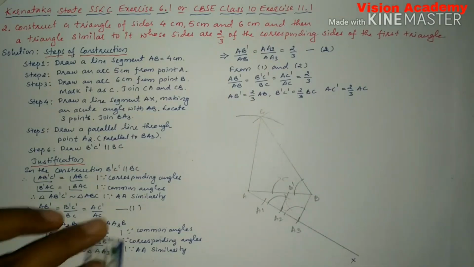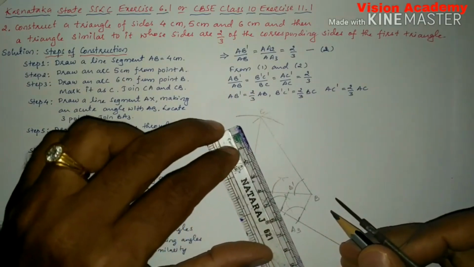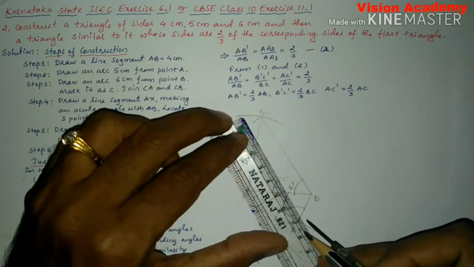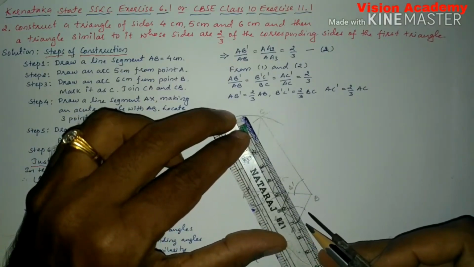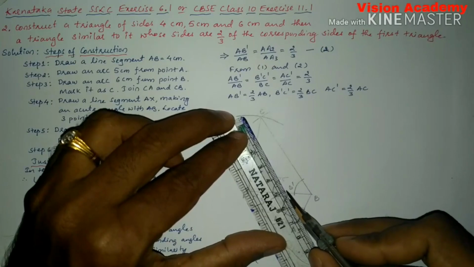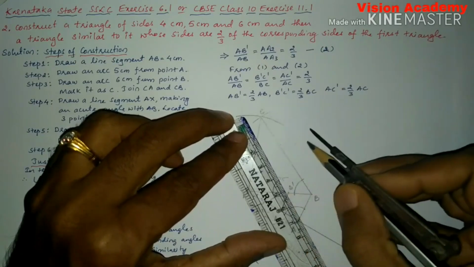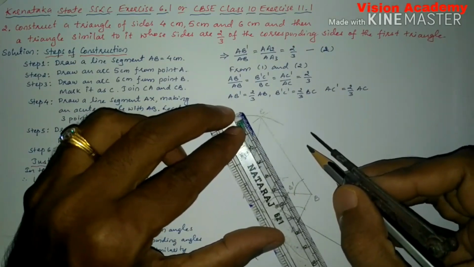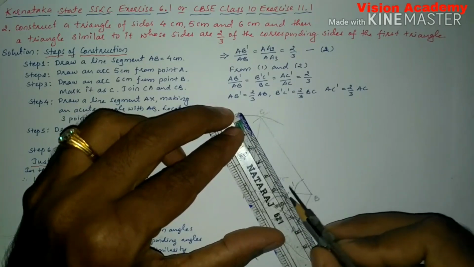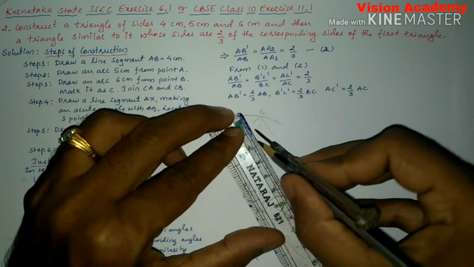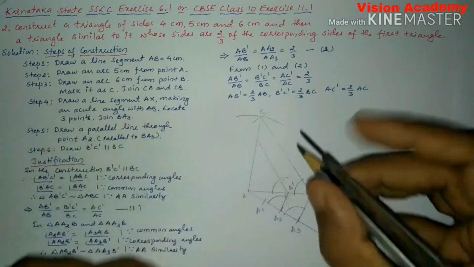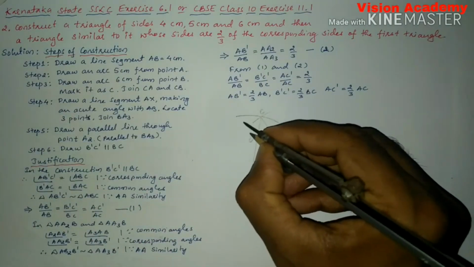Here we will get the intersected point. On keeping on B dash, passing through this point, we'll get the parallel line. Here it is C dash.